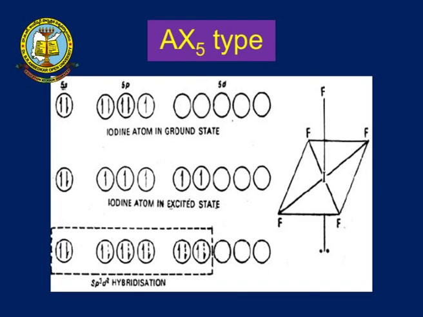In sp3d2 hybrid orbitals, only one orbital contains 2 electrons, the remaining 5 orbitals contain a single electron. The 5 single unpaired sp3d2 hybrid orbitals overlap with 5 halogen atoms.